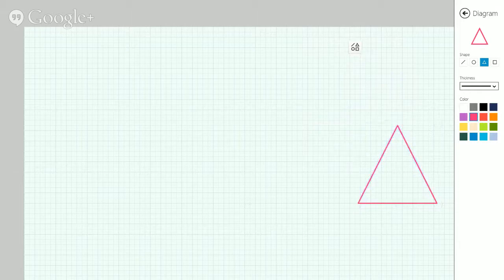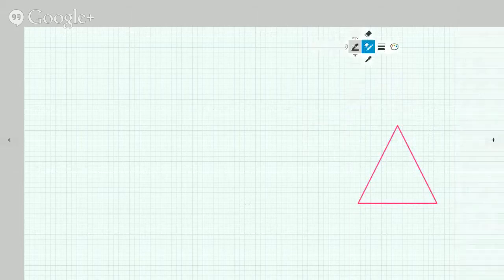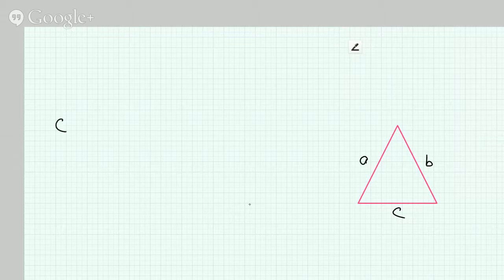So for example, if the triangle is as such, and let's say this is side A, this is side B, and this is side C. So C squared, instead of being A squared plus B squared, we have to add an extension to this when the triangle is not a right triangle.